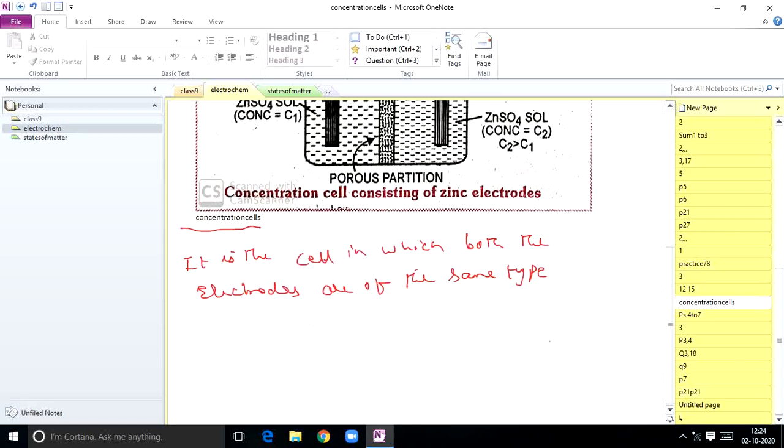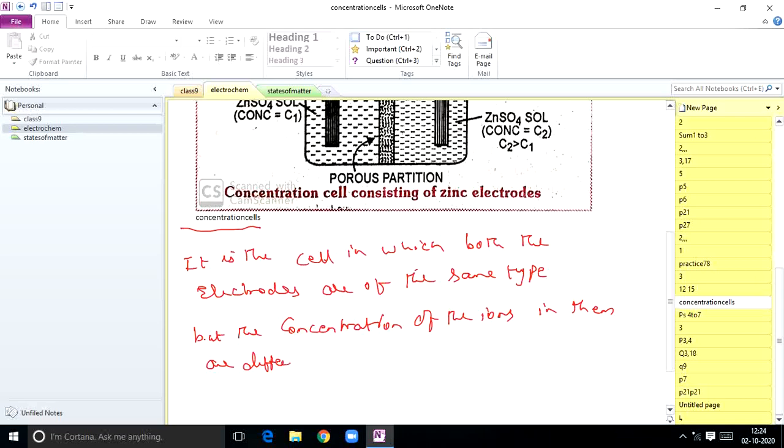Whatever the electrodes present in this cell, both are of the same type, but the concentrations of the ions in them are different.